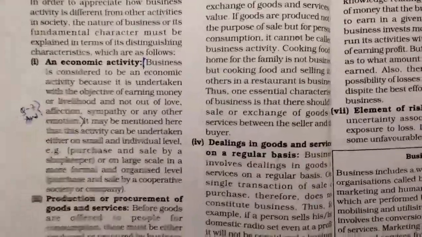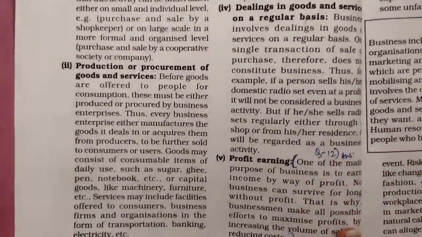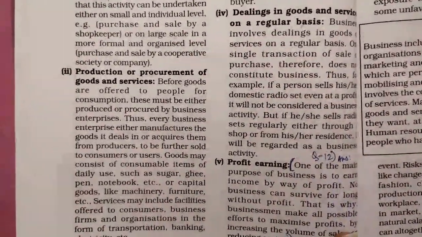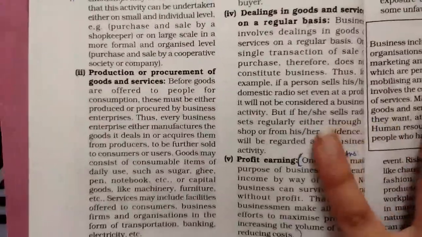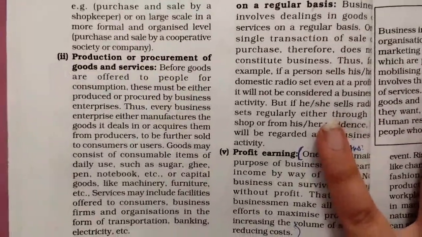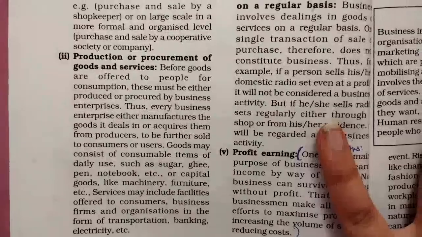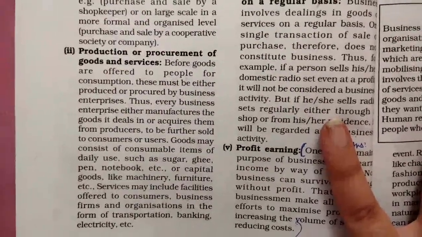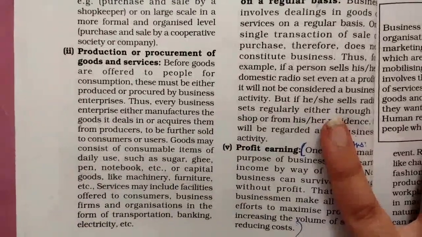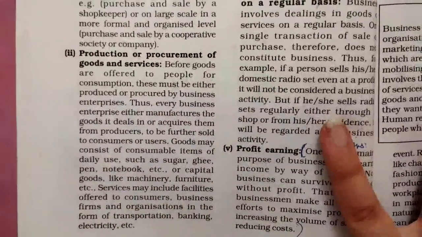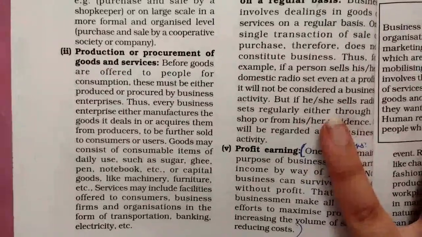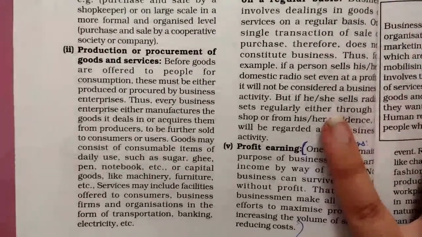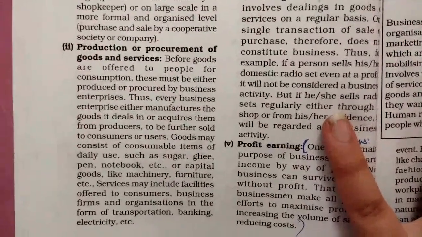Now the second point is production or procurement of goods and services. Before the goods are offered to the people for final consumption, these must be procured or produced by every business enterprise. Thus every business enterprise should either manufacture the goods it deals with or acquire them from the producers, to be sold in the market for final consumption by the users.